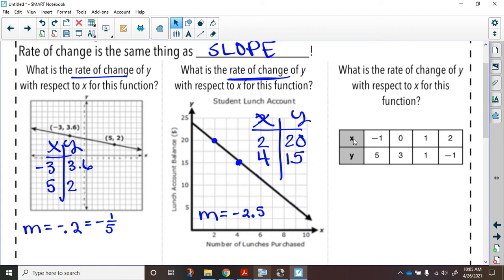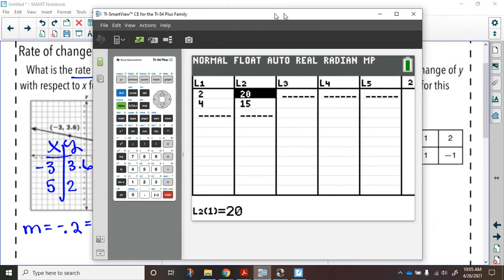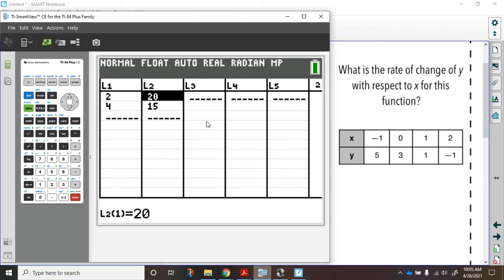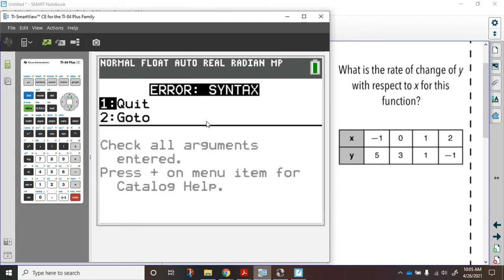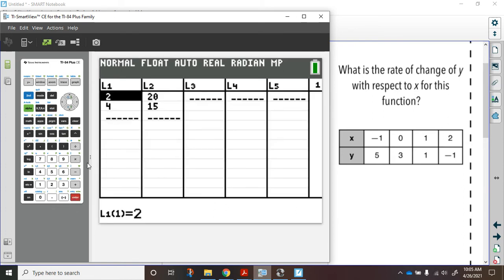Alright, so for the last one, again, we have a table, so we're just going to plug it into StatEdit. So we have clear enter. So -1, 0, 1, and 2.